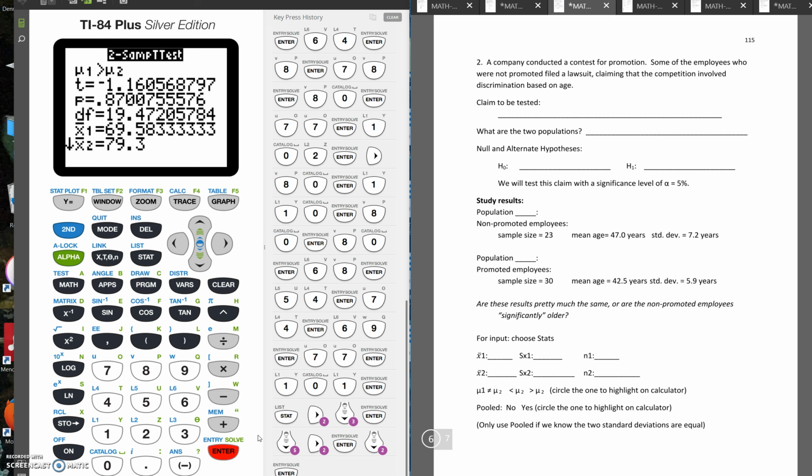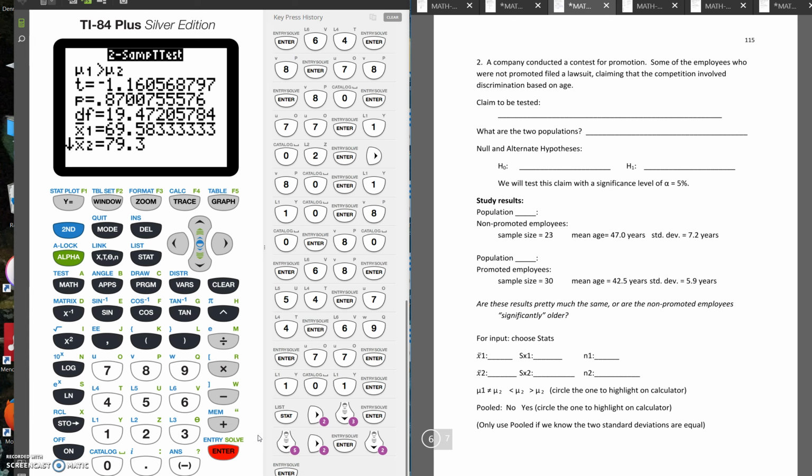Okay, we're going to try another one. A company conducted a contest for promotion. Some of the employees who were not promoted filed a lawsuit claiming that the competition involved discrimination based on age.